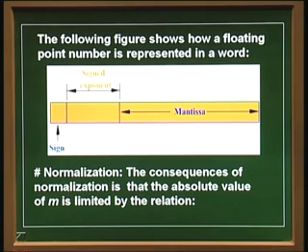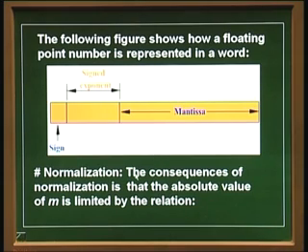Then we talked about normalization, that is, the mantissa is such that the most significant bit is always 1. It is normalized to 1, so that bit need not be stored because it is always 1.